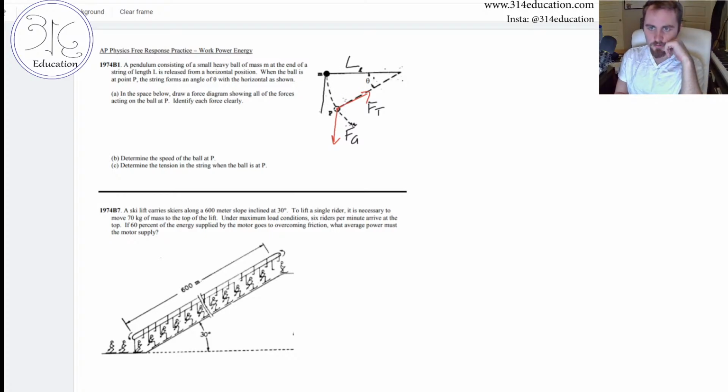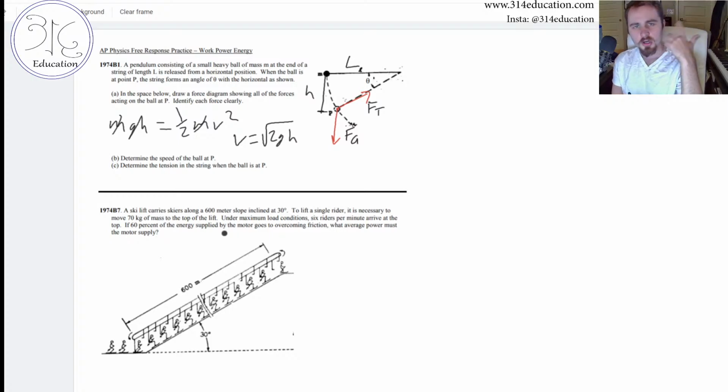Yeah, so we want to determine this height, and then we can get this from mgh equals 1/2 mv squared. Again, this relation just comes to v equals root 2gh, but we need to determine h in terms of L and theta. And my first instinct just says use L sine theta, and it's probably not that. So let's not do that.